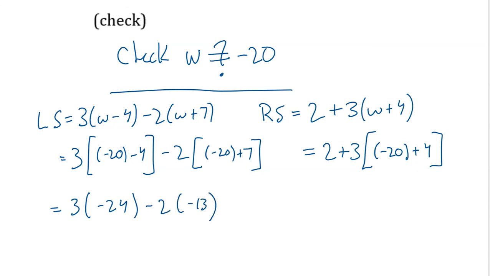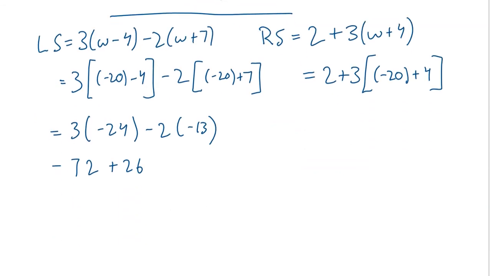Notice that I did not distribute. Sometimes people do the distributive property here. No, this is like a BEDMAS question. You're doing brackets first. Negative 24. Now I'm going to multiply. Then I'm going to add. 3 times 24, that's negative 72. Plus 26. Whoops, is that 46?